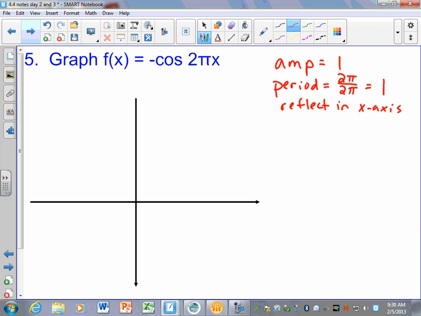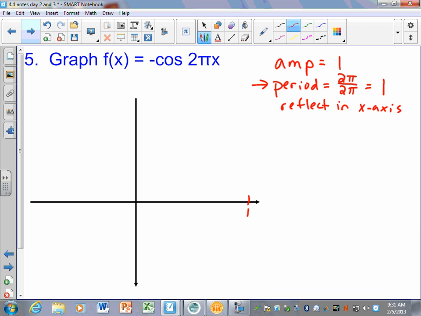So my key points, this is the part that people said they're still struggling with. This is how you determine your key points. Whatever your period is where you're going to end your x-axis, or your first period. And no matter what that number is, whether it's 1, whether it's 8 pi, whether it's 22 over 7 pi, that would be a really weird one, every time you just take half of it and half of it again, and that gives you your one full period.